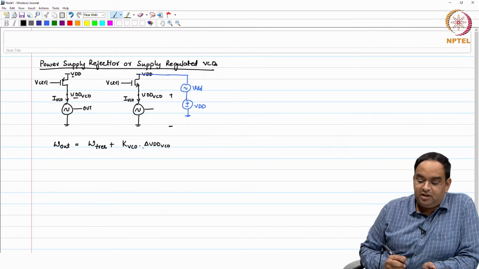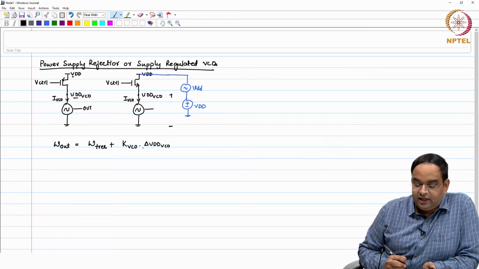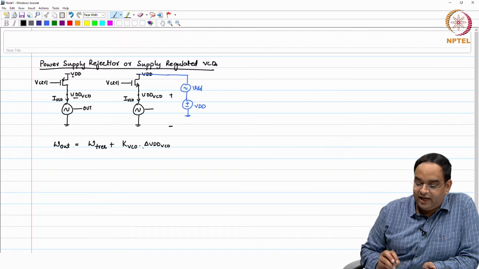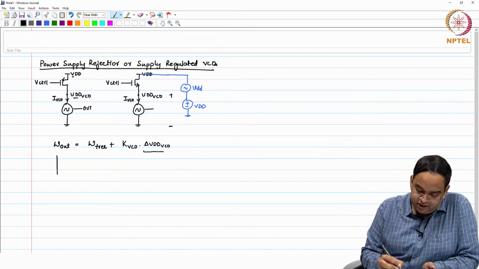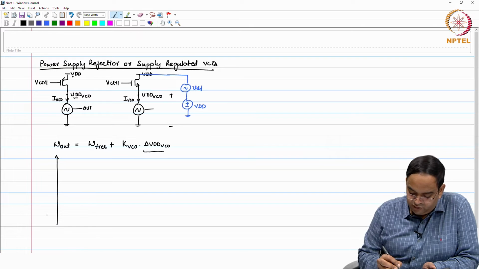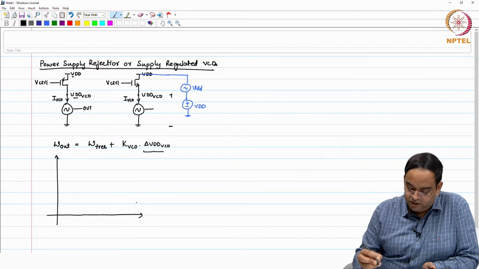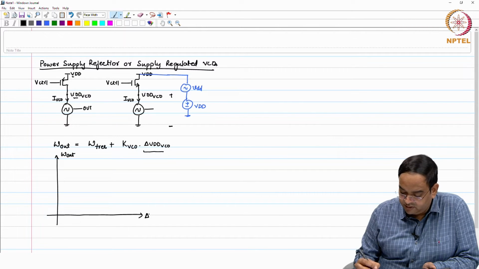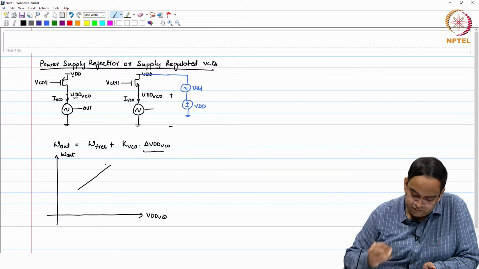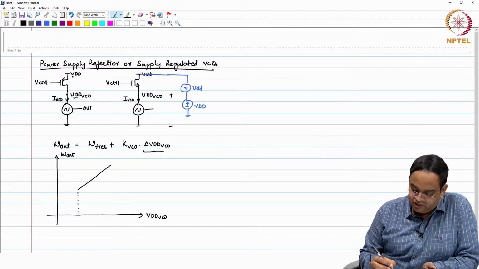It is not like your oscillator will keep on oscillating even if you reduce the voltage VDD VCO to 0, that will not happen. So, in some range you will find the oscillator frequency to be linearly related to the change in the control voltage. If this is VDD VCO, then quite often you can have such kind of characteristics.